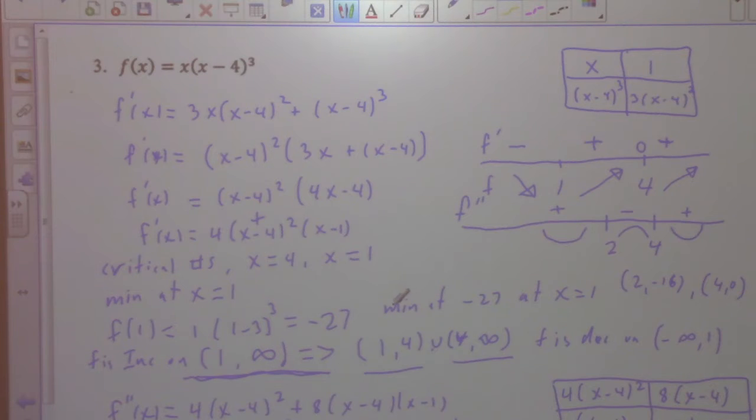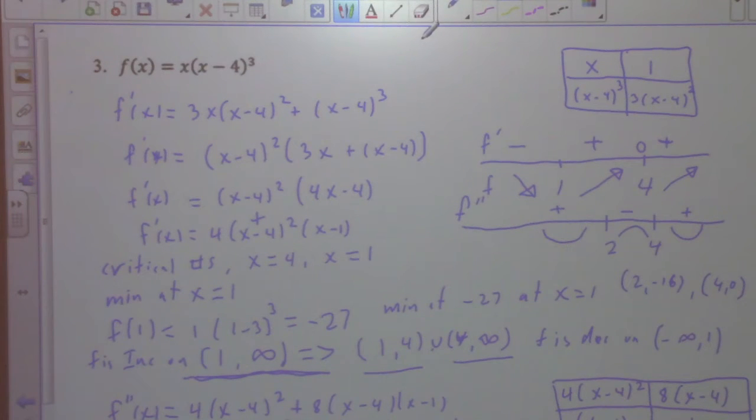They'll say f of 0 equals, in this case, that's going to be negative 64 or something like that, right? So they would say f of 0 is negative 64.